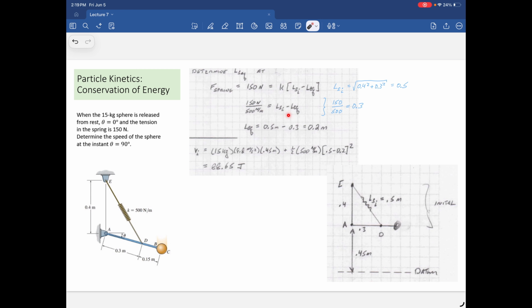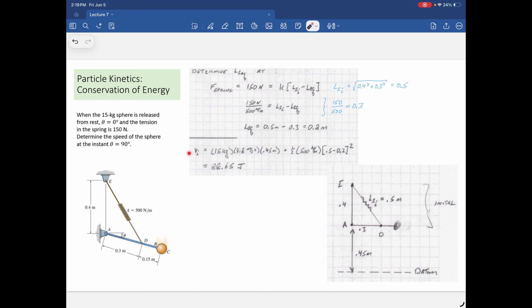Solving for the equilibrium length, 0.5 minus 0.3 gives us an equilibrium length of the spring of 0.2.